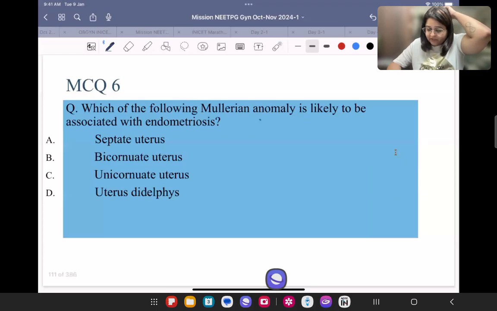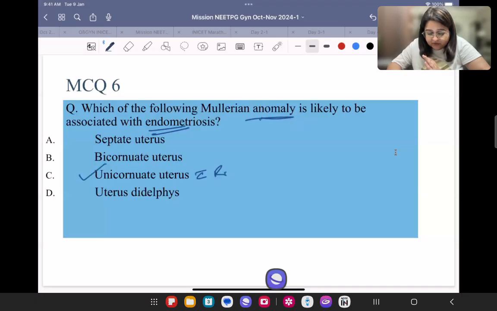Which of the following Mullerian anomalies is likely to be associated with endometriosis? This has 2 correct choices. C is correct because of the rudimentary horn, and also D, because didelphys can be seen with OHVIRA. If multiple options are correct, then both are correct.